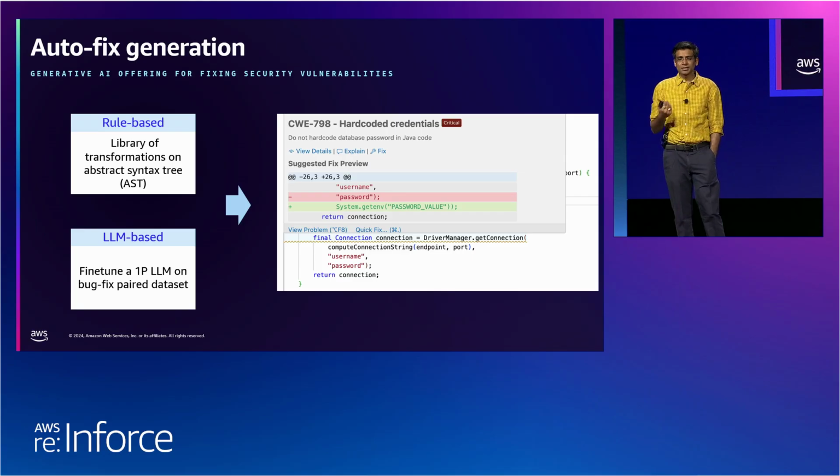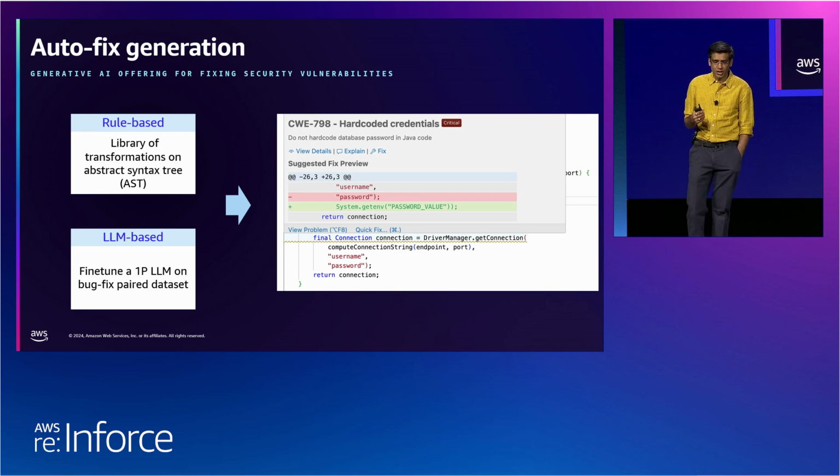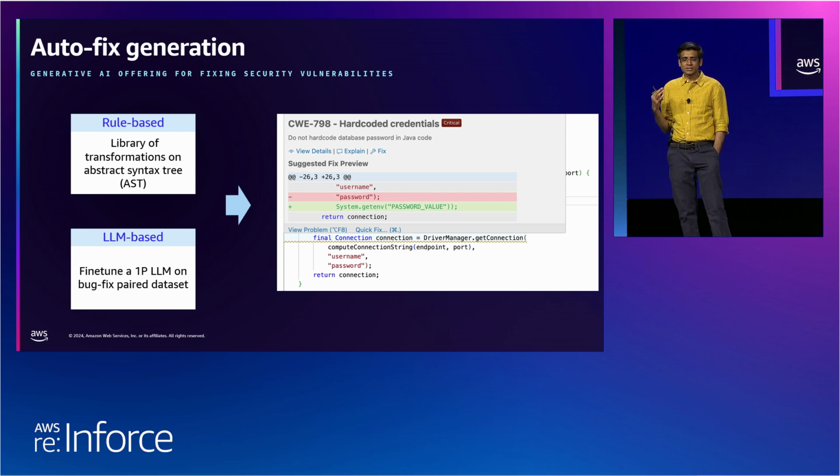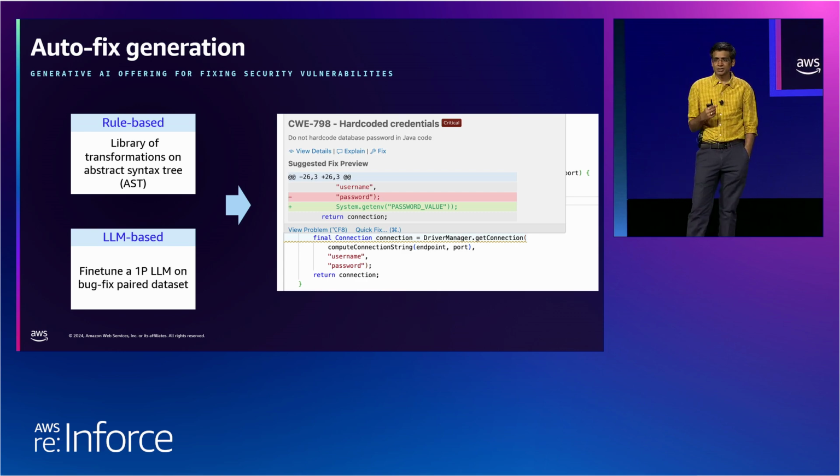In the running example that we have discussed before, the fix is to suggest the user to replace the password with the code that reads the password from the system environment variables. And the user, if they decide to accept this recommendation, could click on the fix button, and clicking on that fix would apply that code patch in their code, and in this way remediate the vulnerability.